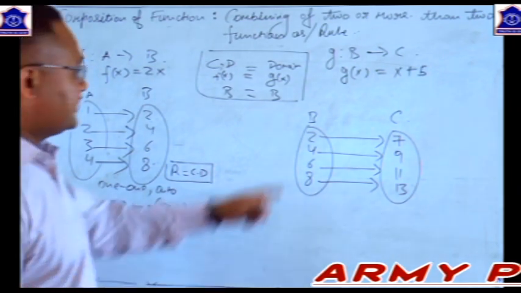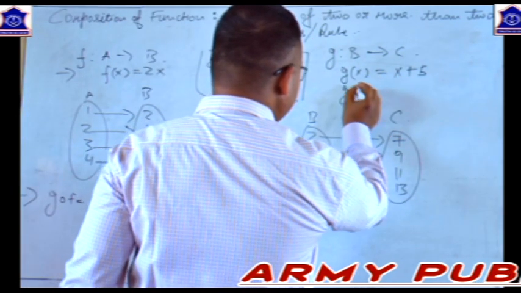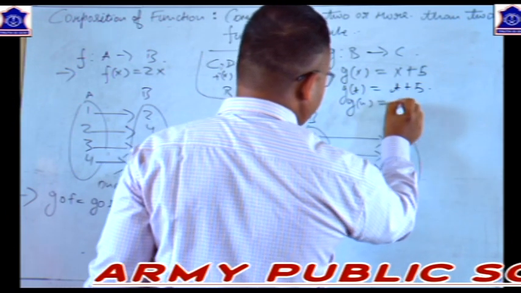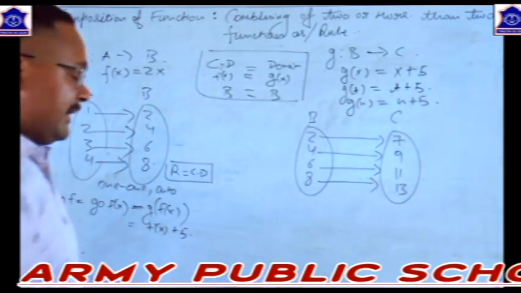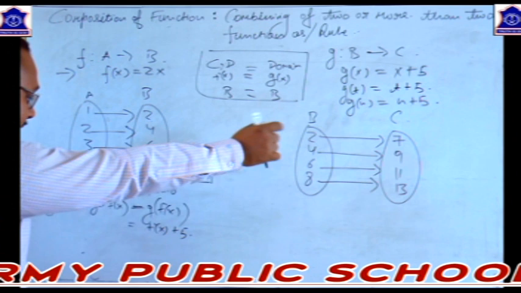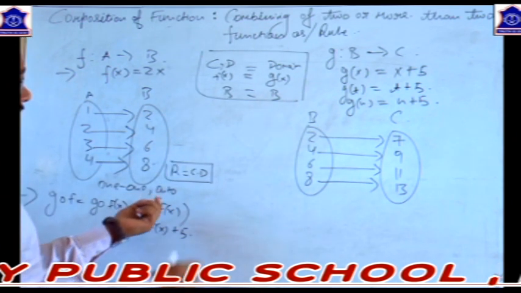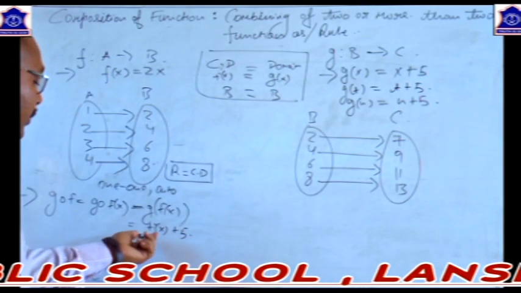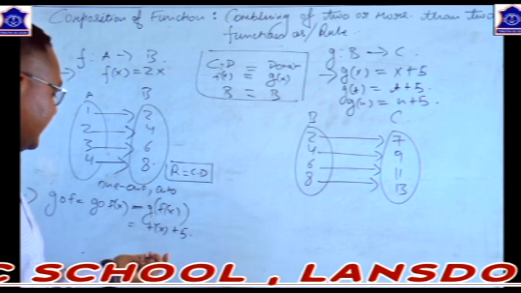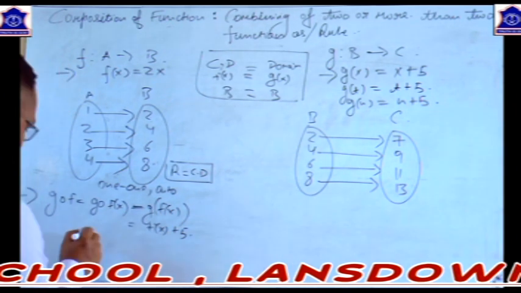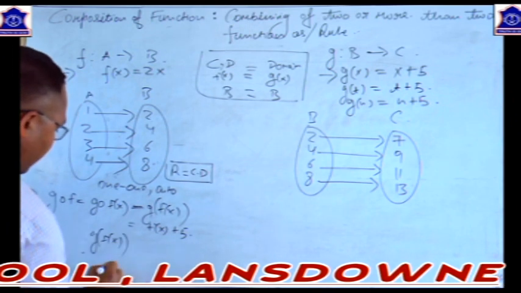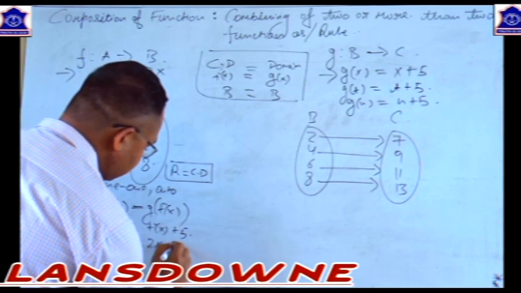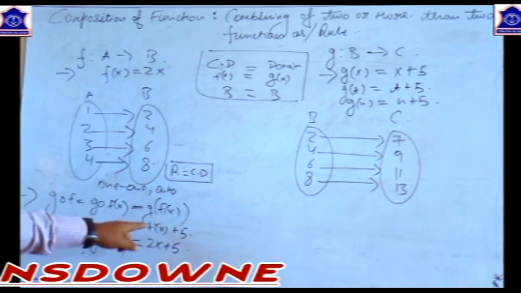How is it so? अगर g of x, x plus 5 है तो gt होता t plus 5. Similarly अगर ये gn होता तो ये होता n plus 5. कहने का मतलब ये है कि g of fx, ये gx की डेफिनेशन x plus 5 में x को fx put करने पे we are going to get this function as fx plus 5. So gof of x will be 2x plus 5, because we have the definition of fx as 2x.